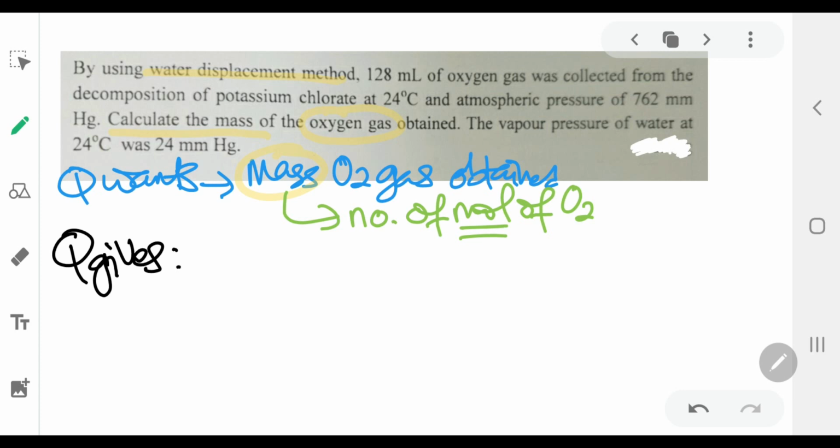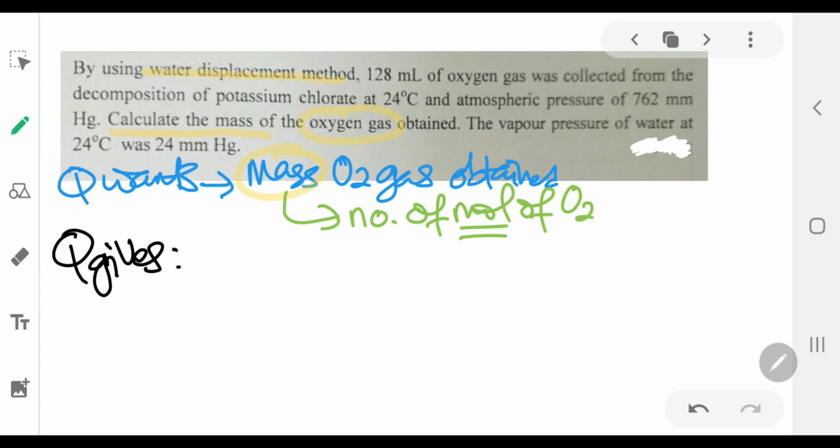By doing the extracting of information, you would be able to know what sort of formula you need to use. Either you need to use PV equals to nRT, or maybe you need to use Charles's law, or maybe you want to use Boyle's law instead. So everything will be quite clear. You will know what you need to use when you start to extract all the information.